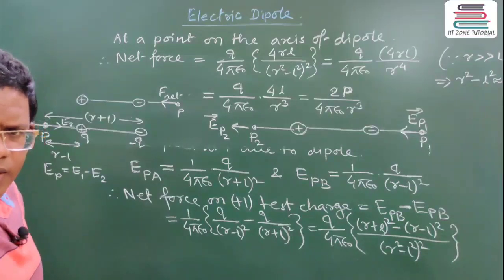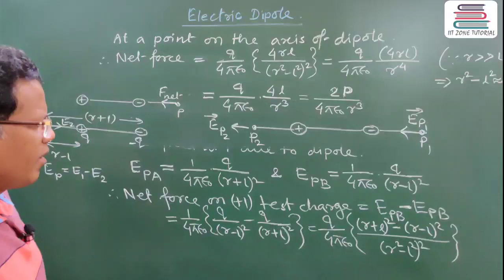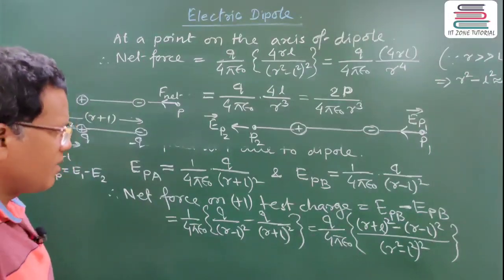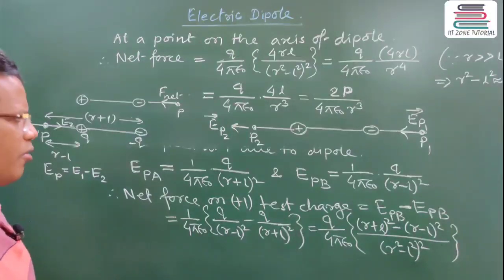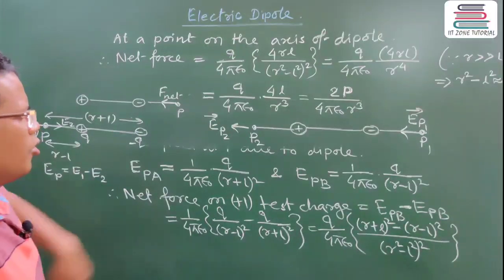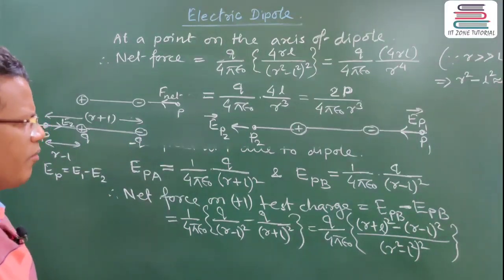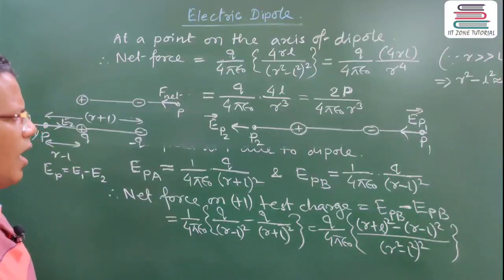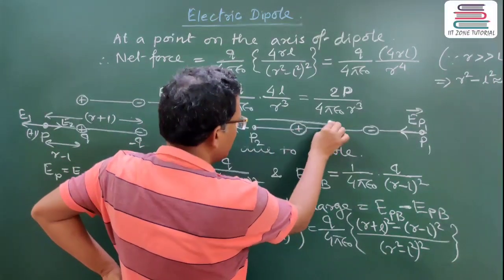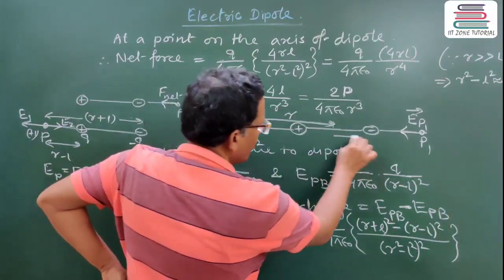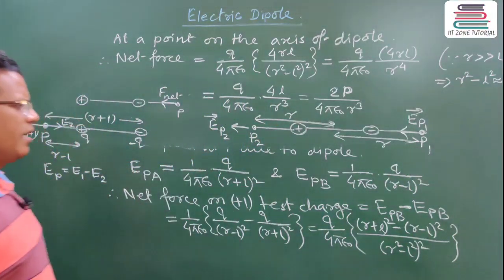The direction of the electric field anywhere on the line joining the point charges of the dipole will be from negative to positive charge, whose value is twice the dipole moment divided by 4 pi epsilon naught r cube, where r is the distance, either this or this. Is it clear?